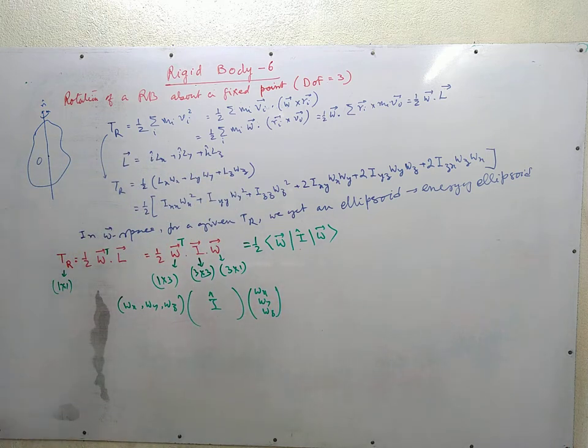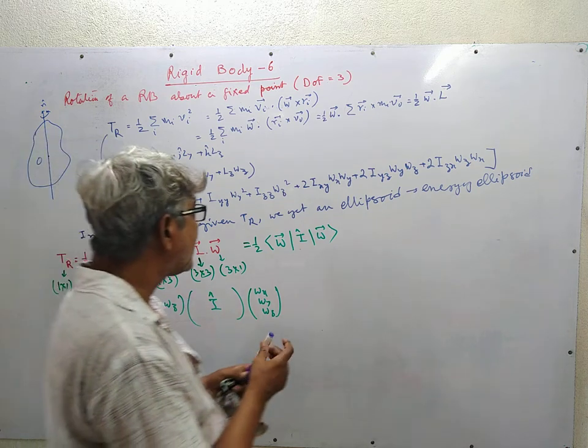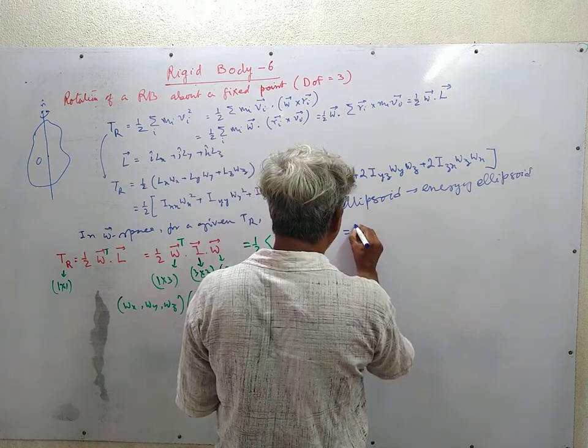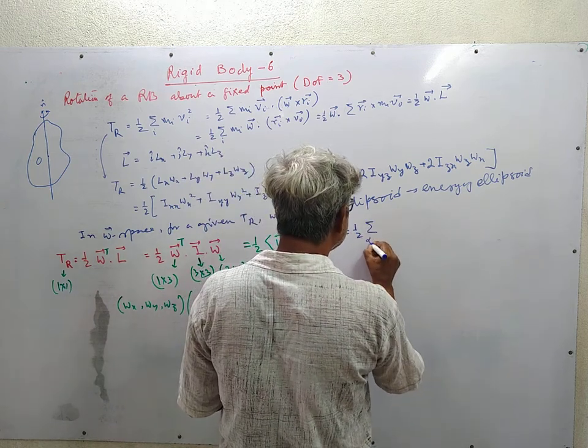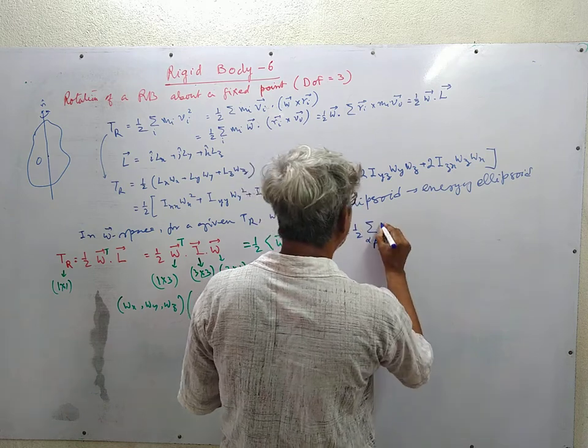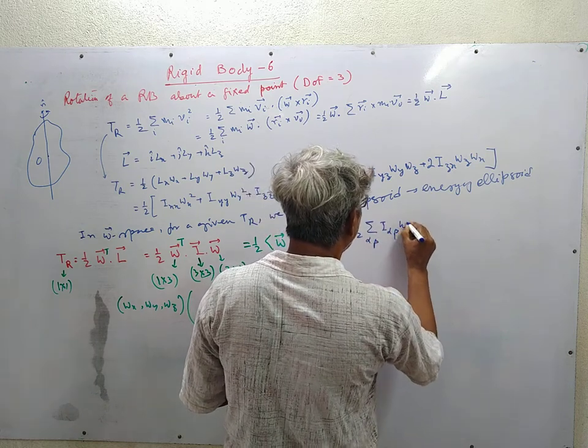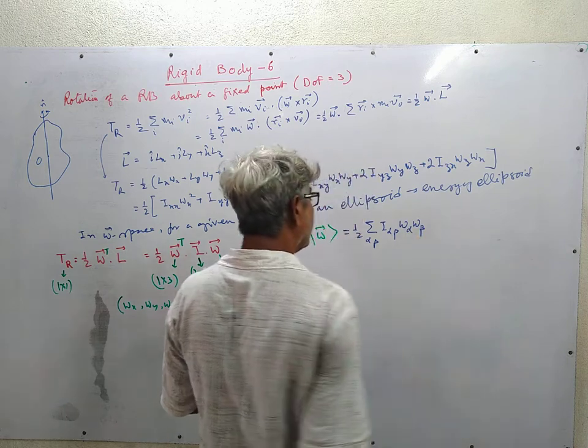So if we carry out the calculation, you will land up with the same expression for the kinetic energy. So we see that the rotation of a rigid body about a fixed axis is a bit complicated. However, we can write this in a compact form by introducing a double sum as I alpha beta omega alpha omega beta.